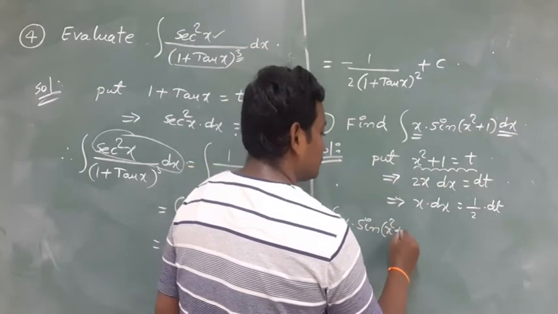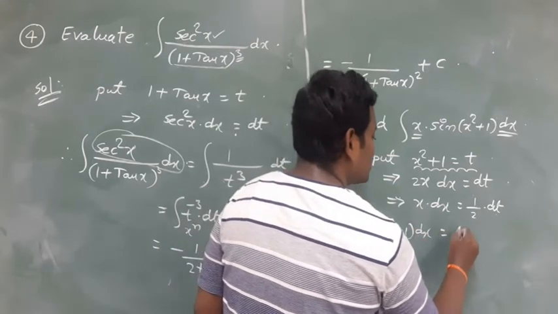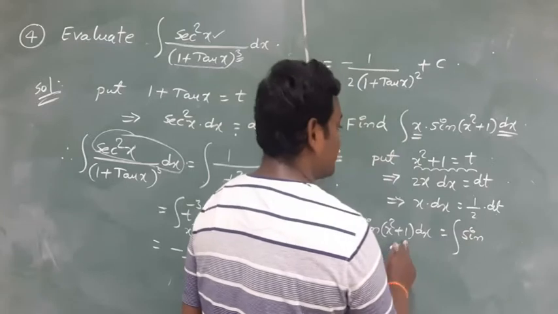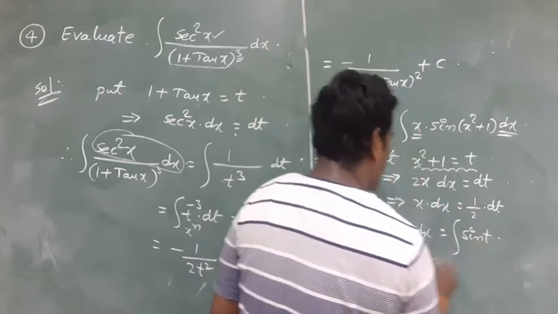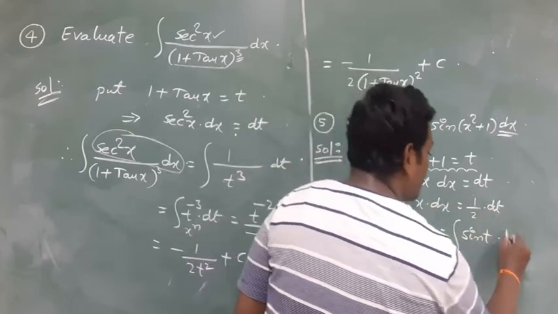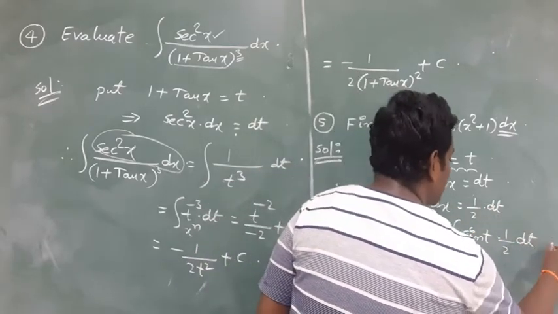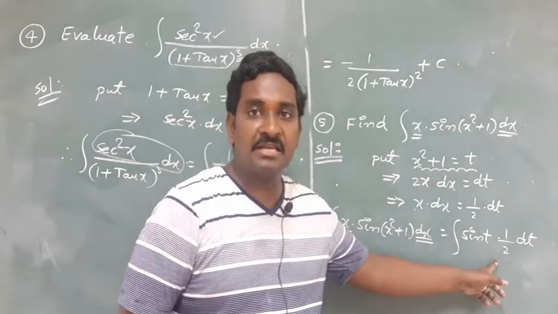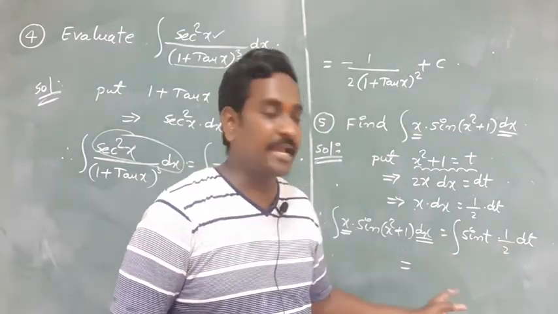So in the given problem we can write, first the sine term, sine of, what is x square plus 1? t. What is x into dx? x into dx is nothing but half into dt. There is no problem with the constant term inside the integration. We can easily write 1 by 2 outside.